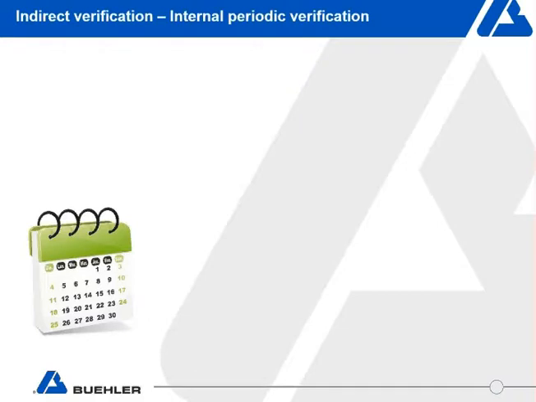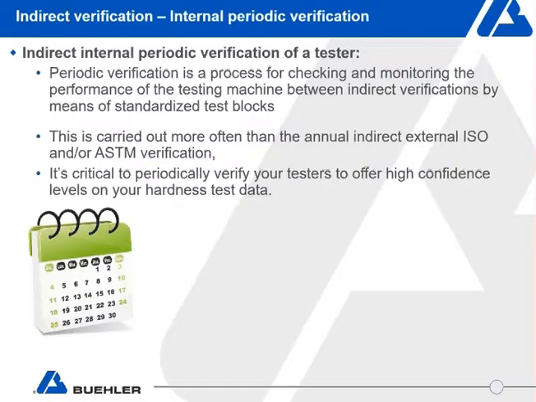The next is looking at what we consider internal periodic verification. For internal periodic verification, you're checking and monitoring the performance of your machine using standardized test blocks. And this is, of course, carried out more often than the annual indirect external ISO or ASTM verification.